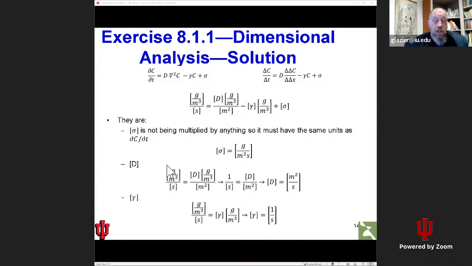And if it's a diffusion length, I've already told you diffusion length depends on two things. It depends on diffusion, which is this first term, and it depends on decay, which is the second term. And so what you have to do is think about how can I combine the diffusion constant D and the decay constant gamma to get a length.